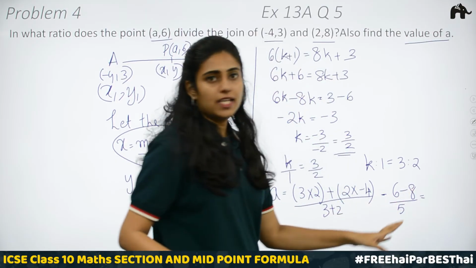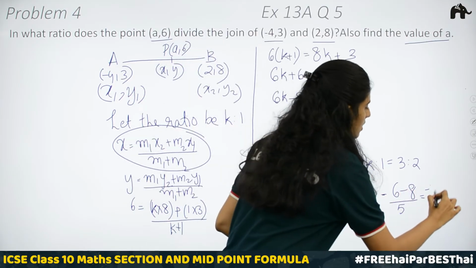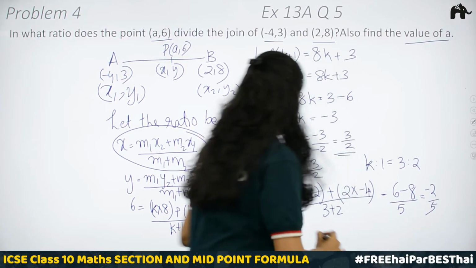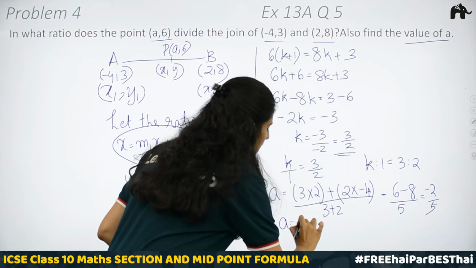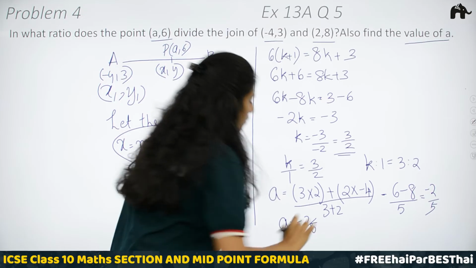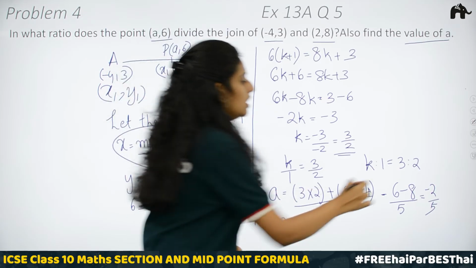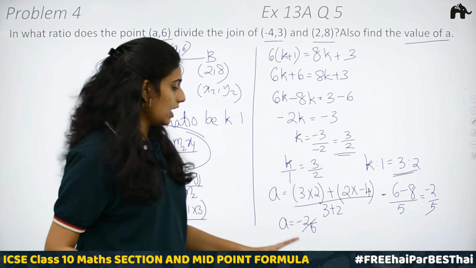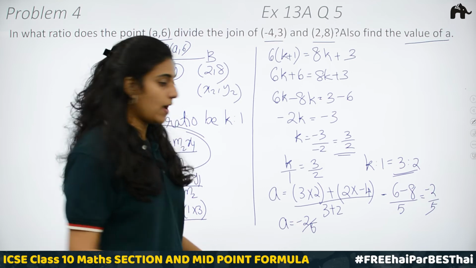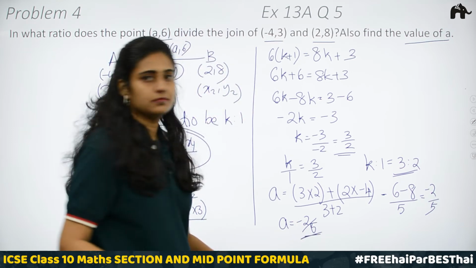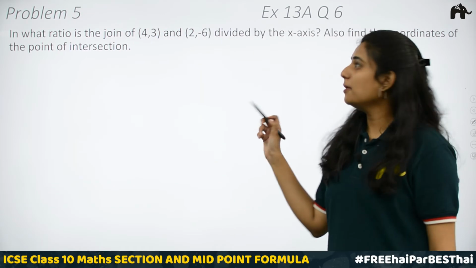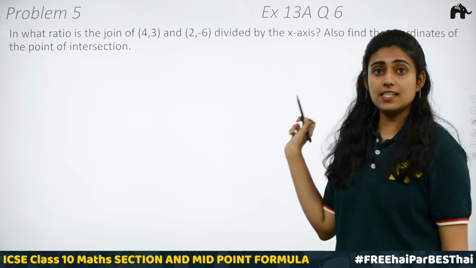Equal to 6 minus 8, minus 2, divided by 5. Therefore, the required value of a is minus 2 by 5. We found the ratio which is 3 is to 2 and the value of a is equal to minus 2 divided by 5. Clear?